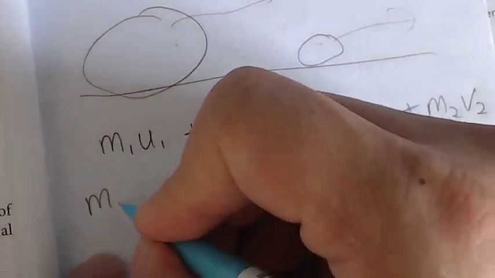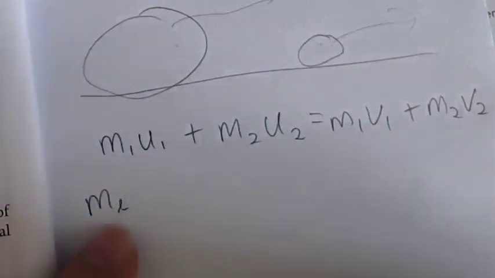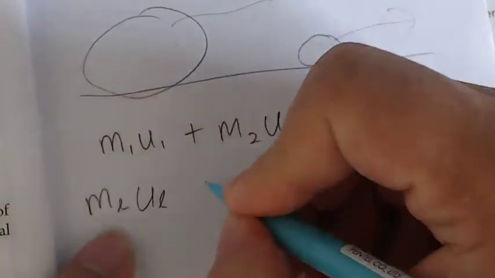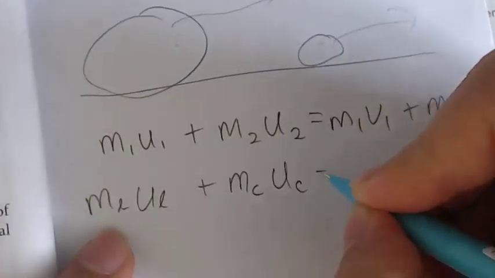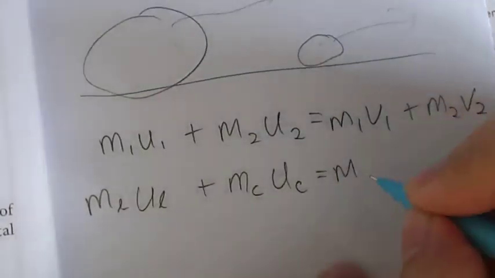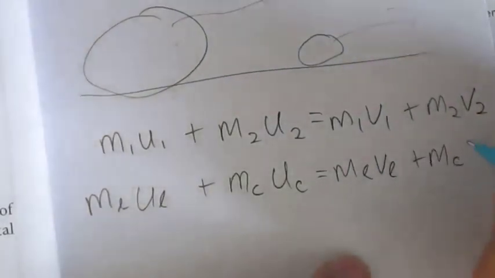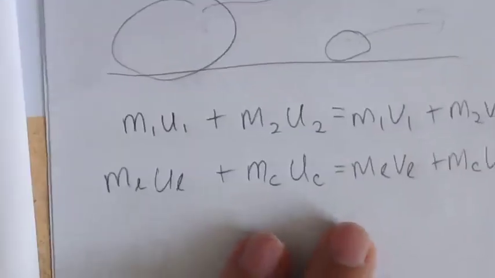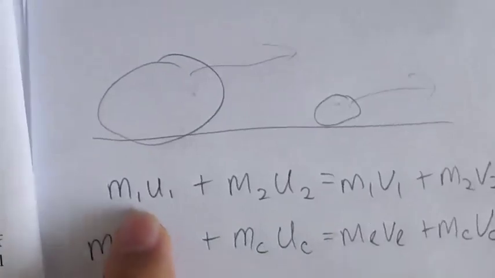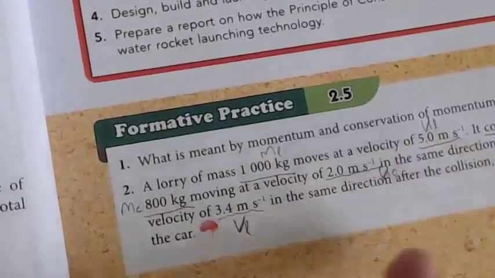So let's take this chance to change the symbols: ML UL plus MC UC equal to ML VL plus MC VC, like that. It doesn't matter if you want to put a label for the lorry as M1, depends on you.